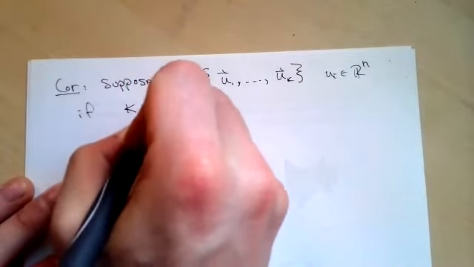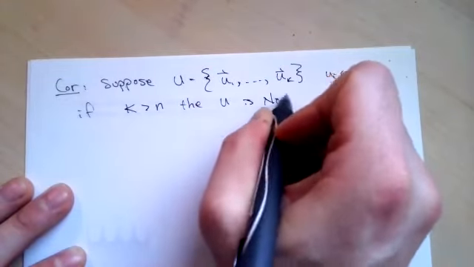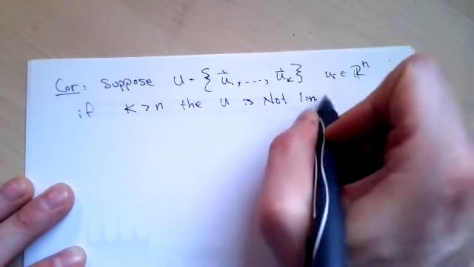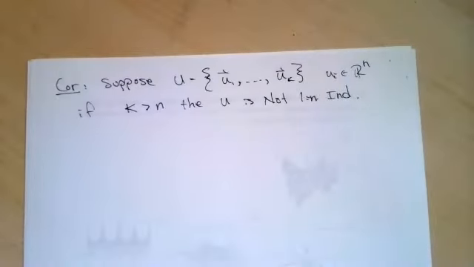If k is bigger than n, then U is not linearly independent. Namely, if I have more vectors than dimensions, we are not going to have a linearly independent set.